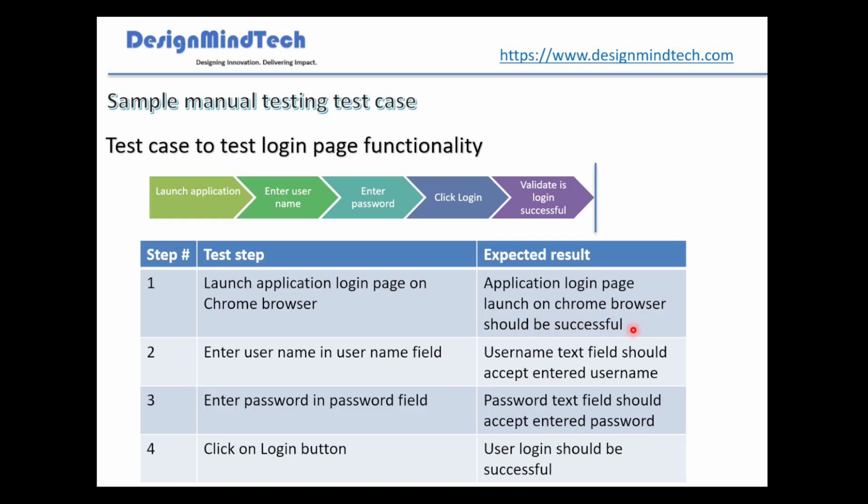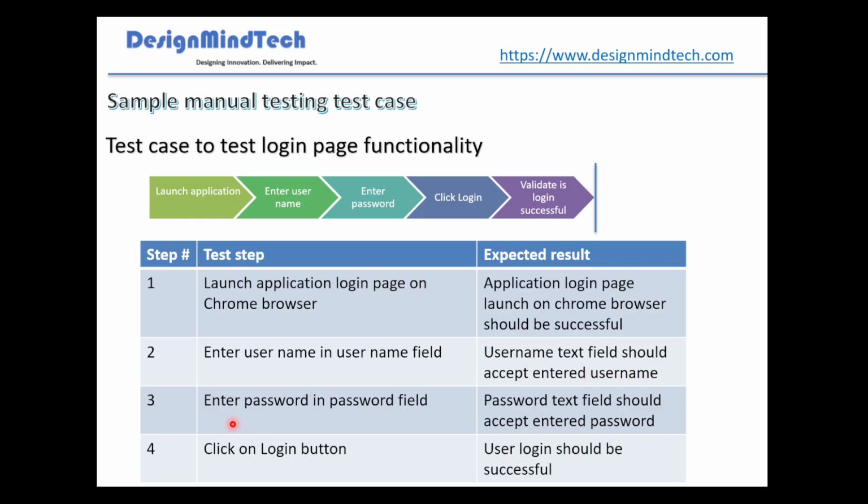I should be able to see a login page displayed on the Chrome browser. Next we have the second step, enter username in username field. That means I'm expecting a username text field to accept the entered username. So my expected condition says the same thing, username text field should accept the entered username.